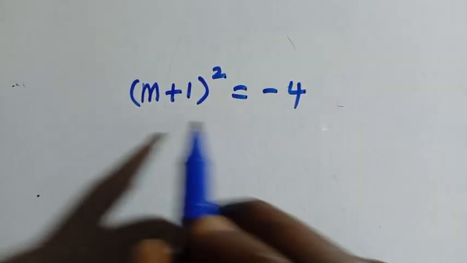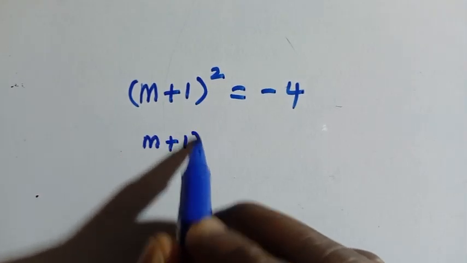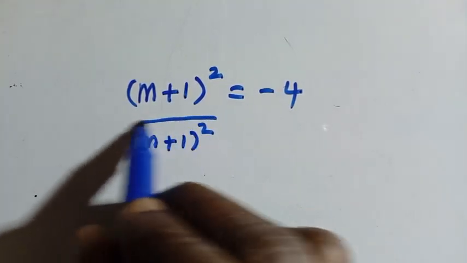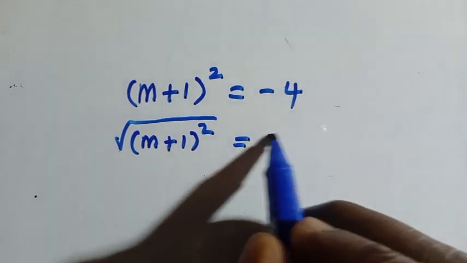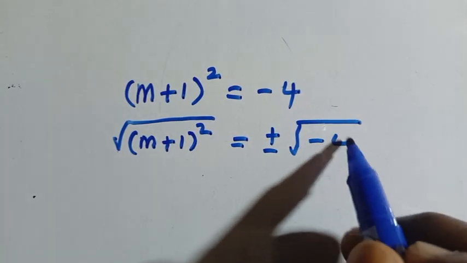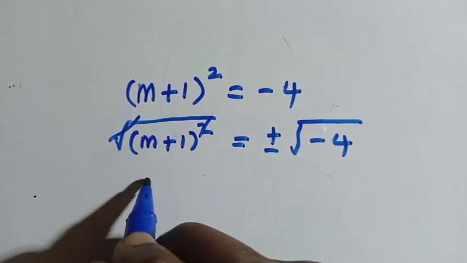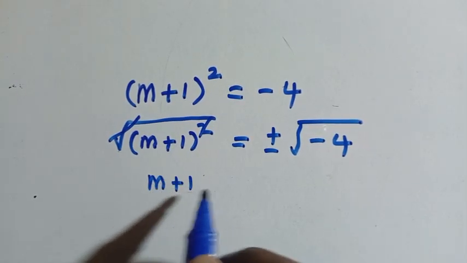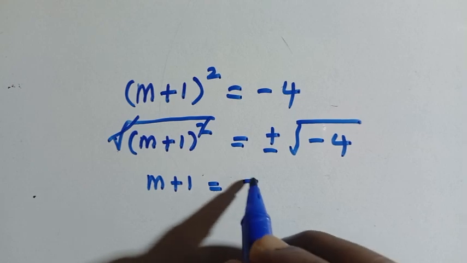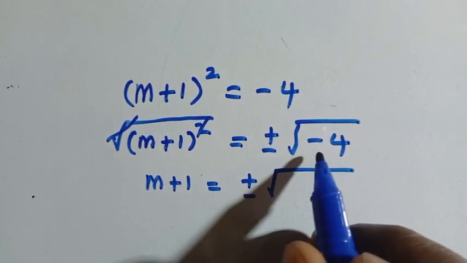By taking the square root of both sides, we have m plus 1 equals plus or minus square root of minus 4.